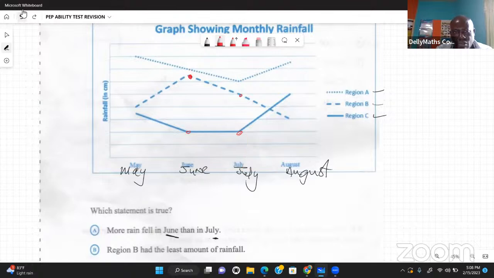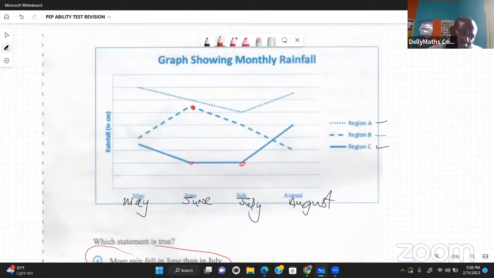More rain fell in June than July. I don't think I'm going to read anything else because this statement is true. If you look at the rainfall in centimeters, when I add this up, it's lower here and lower there. So June actually beat July. This is June, this is July.